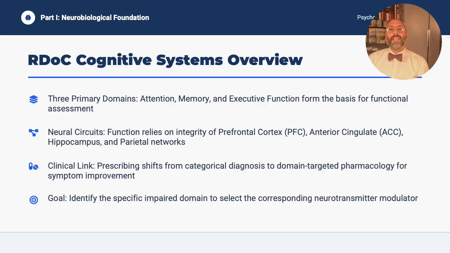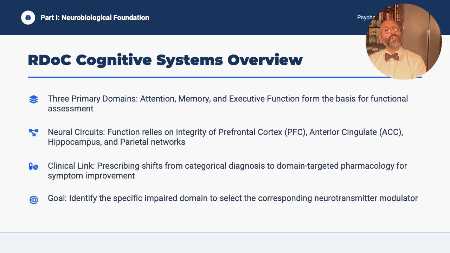Now, the key shift here is subtle but important. We stop prescribing to labels and we start prescribing to domains. So instead of asking the question, what diagnosis is this? We have to ask what cognitive system is impaired and what neurochemical lever might realistically help. Now, that's the practical goal here.